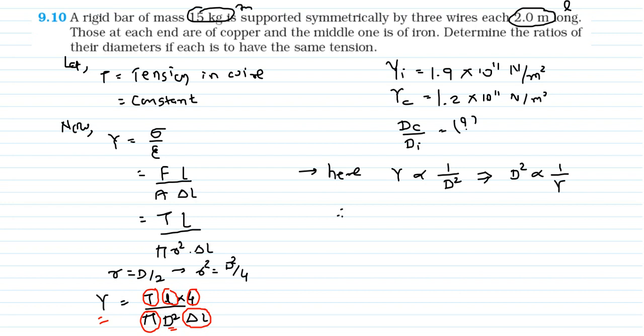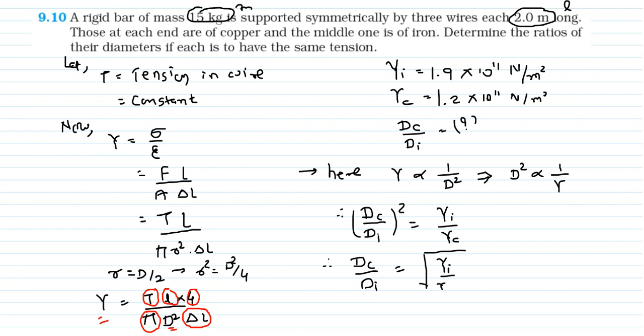Therefore, dc to di whole square is equal to yi to yc. Therefore, dc to di is equal to root of yi to yc.